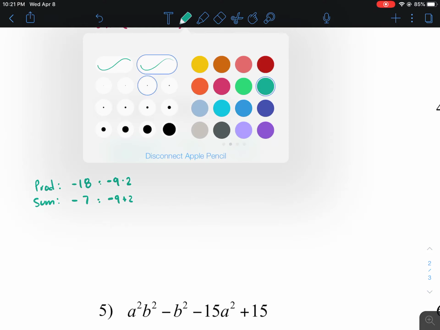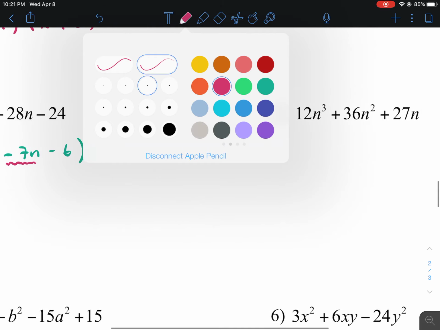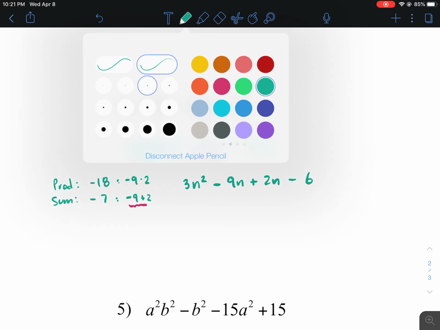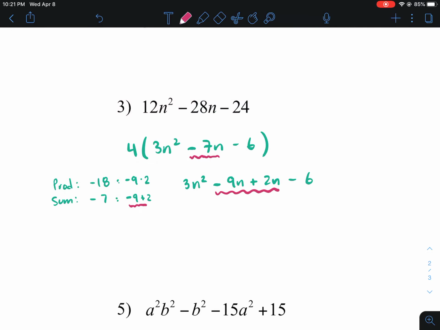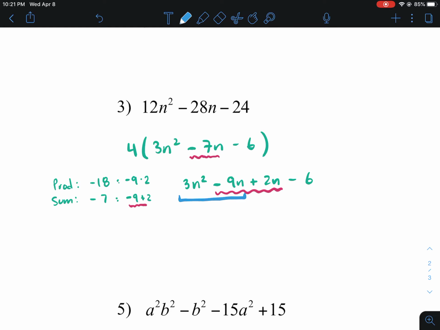So remember, we take this pair and use that to rewrite this trinomial as a polynomial of 4 terms that we can factor by grouping. This becomes 3n squared minus 9n plus 2n minus 6. So we took that negative 7n and rewrote it as the sum of those two terms. This allows us to utilize factoring by grouping.